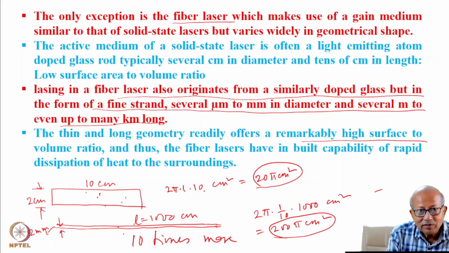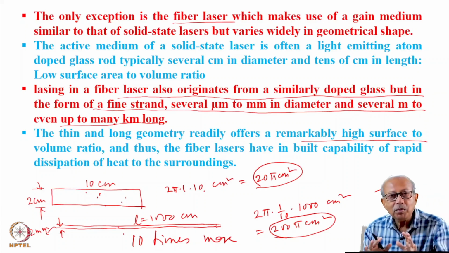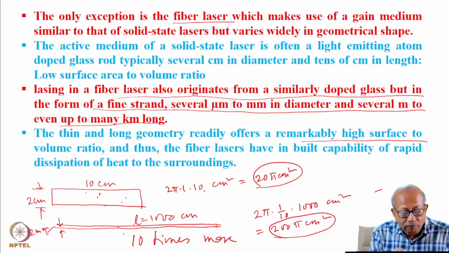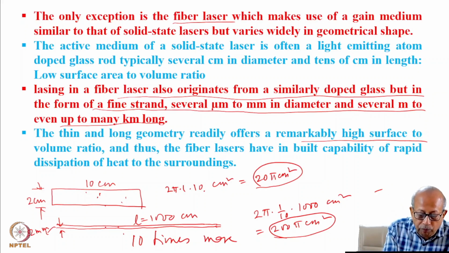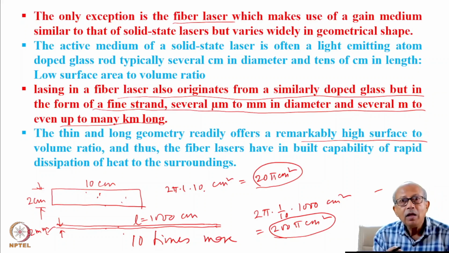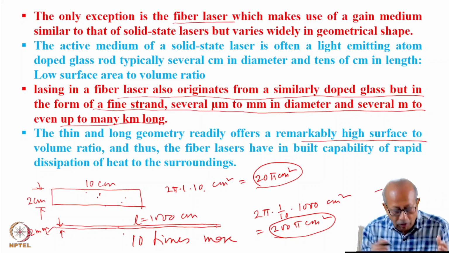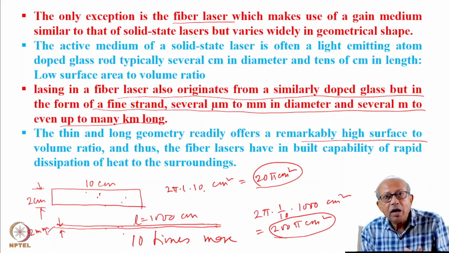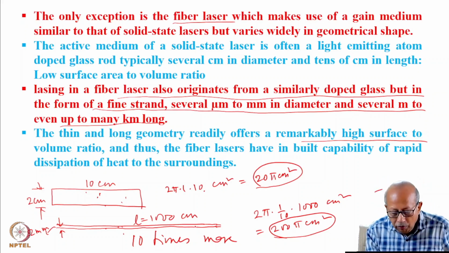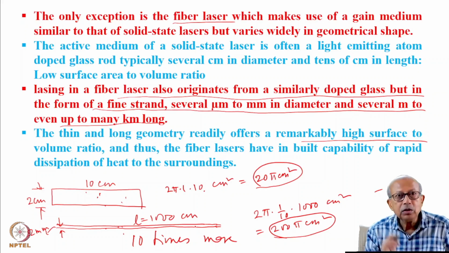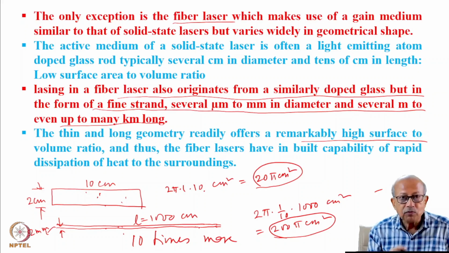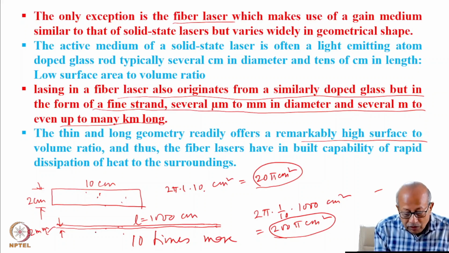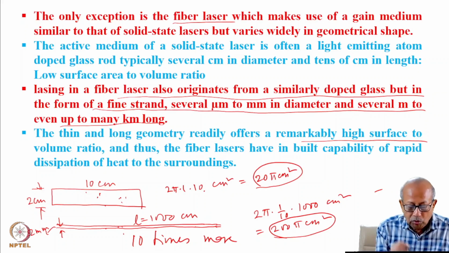So that means if you take a linear proportionality, you can dump 10 times more power into this, and yet the heat dissipation capability of this would ensure that you can extract 10 times more output power from this laser without damaging it, without causing any thermal damage to this system, simply because the surface area of this is now 10 times more than this.